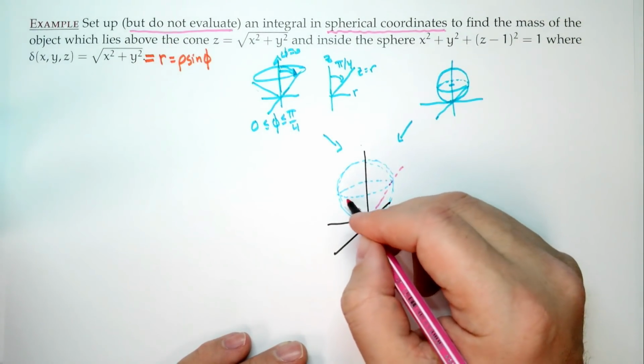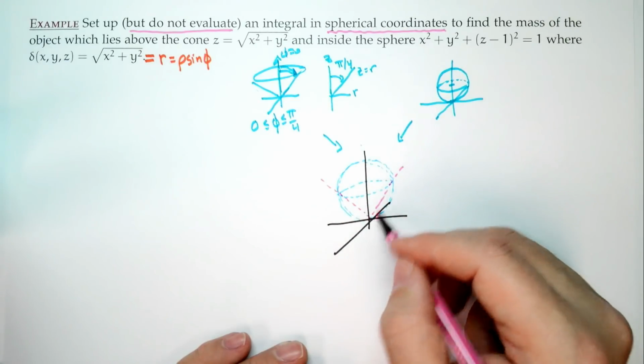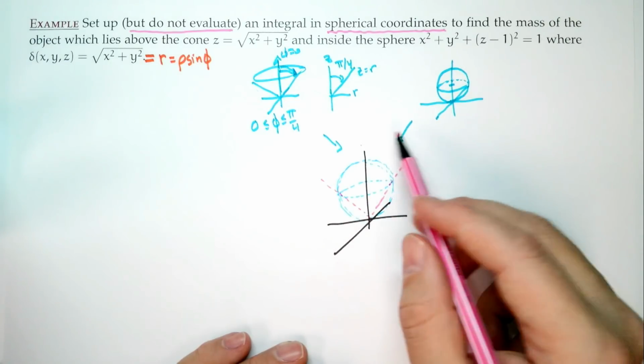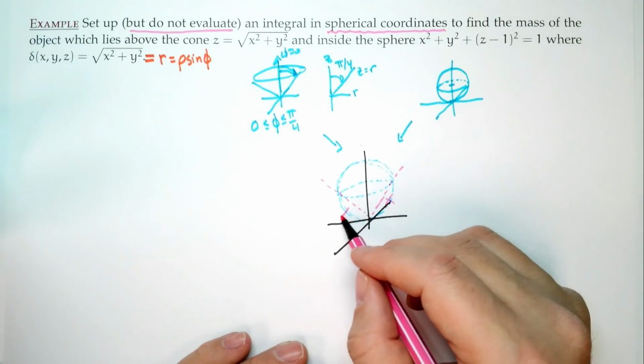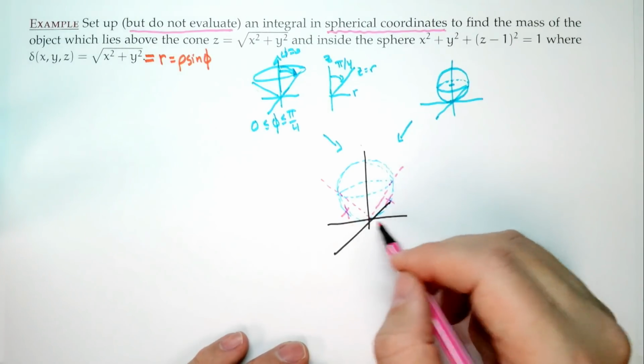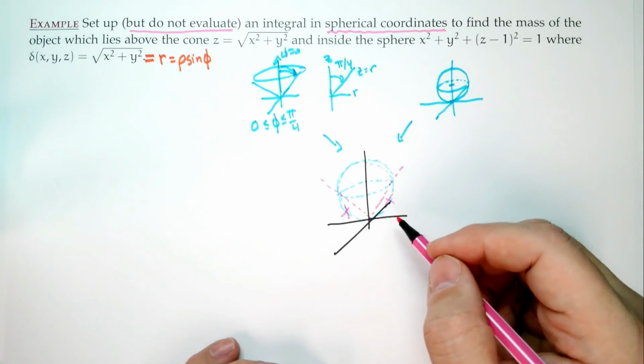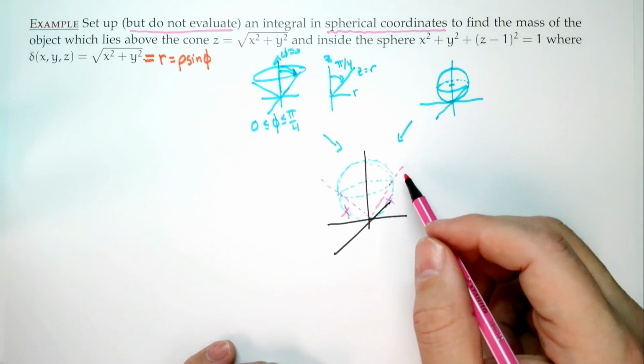Now, what's true? Well, we need to be above the cone and inside the sphere. So these parts here, where you have the cone above the sphere, downstairs, we don't include those parts. But what do we include?